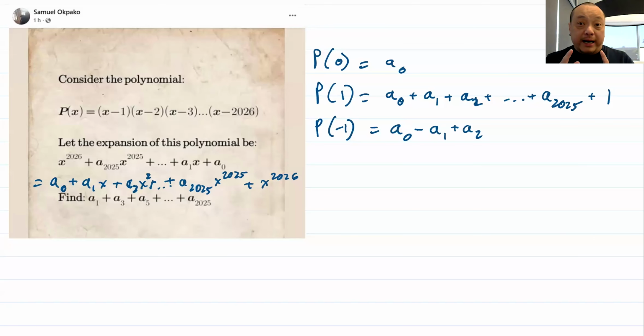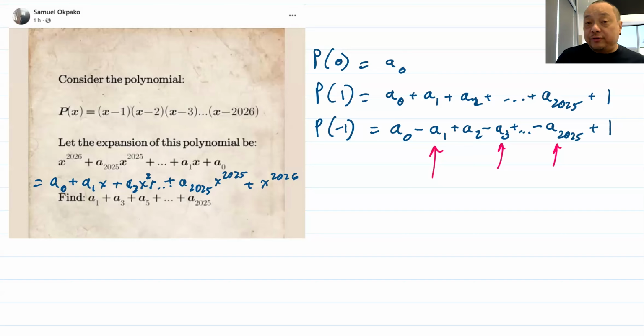And you can see this pattern going, right? Any odd power will have a minus, and every even power will have a plus. So it's minus a3, plus, etc. And 2025 is a negative, so it's going to be minus a2025, and then plus 1.